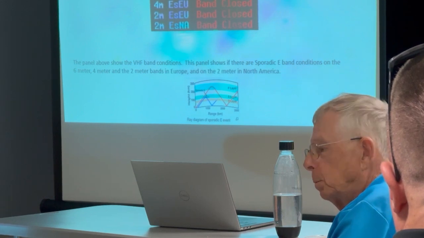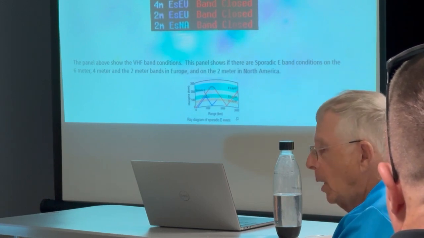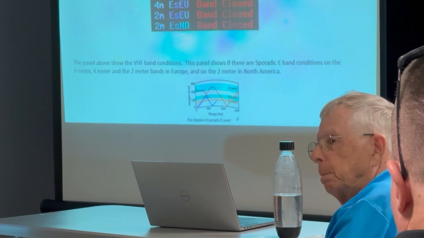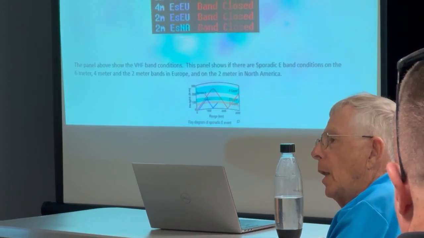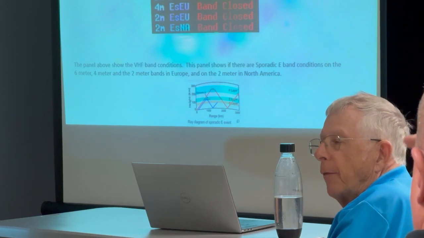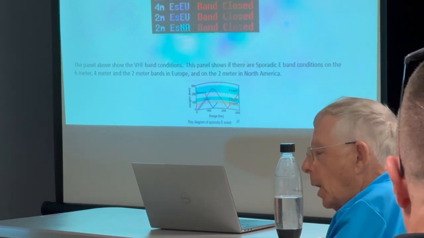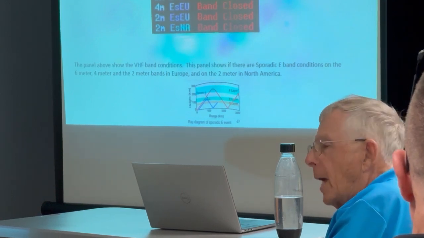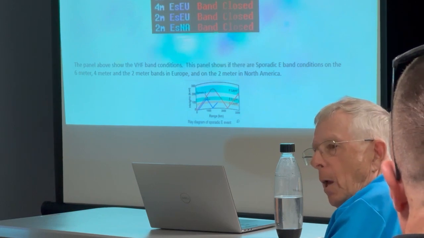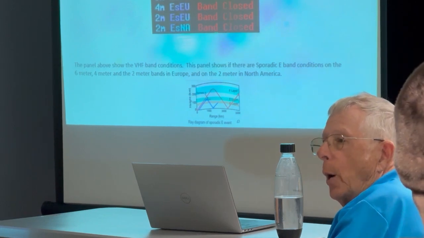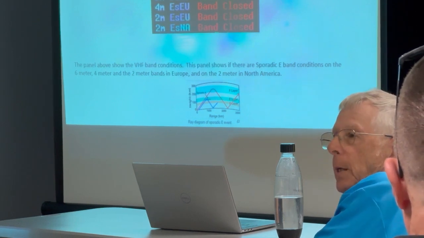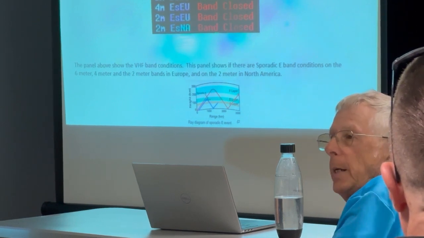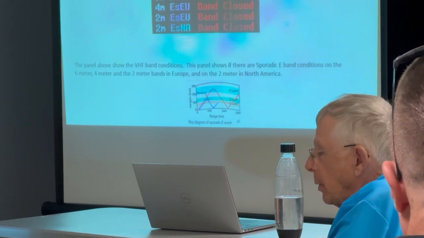I think it's an inversion layer. Okay, so it's just the fronts, strictly. Yeah. And going back to the sporadic E, generally this occurs during the summer months, when you have the most intense radiation hitting the atmosphere.